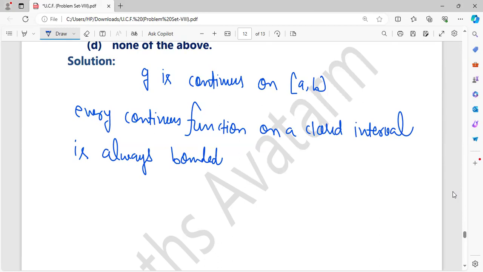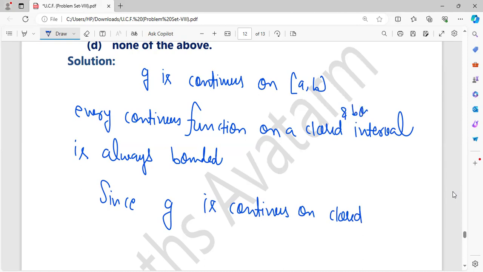So since G is continuous on the interval [a, b], a closed and bounded interval, because a and b belong to the real numbers.